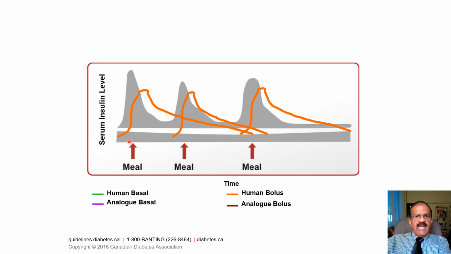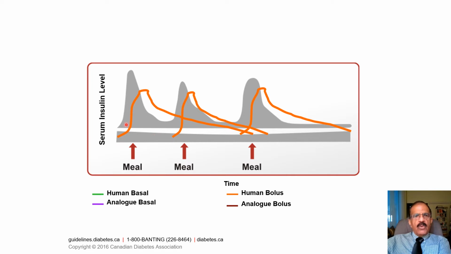Now let's take the example of human short acting. You can see the onset of action is late as compared to normal, and they start late and then the action also persists till late. This, for example, provides an opportunity for hypoglycemia.